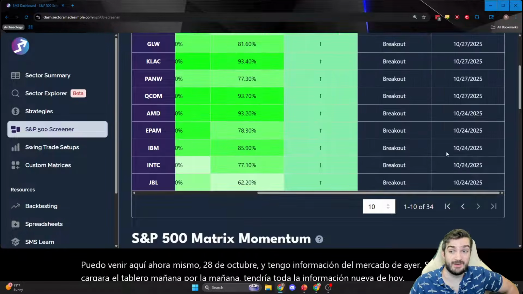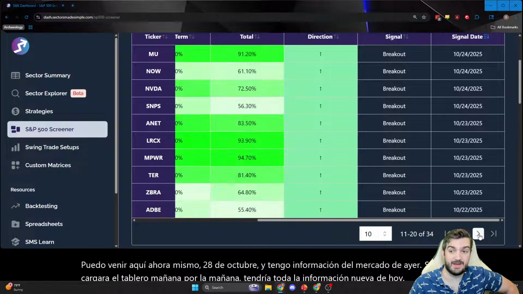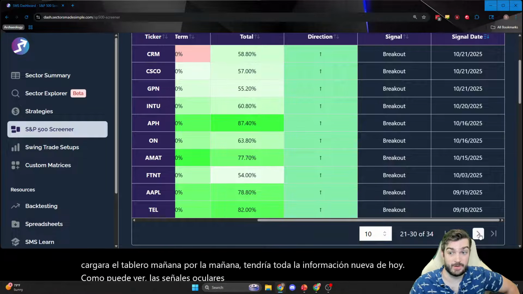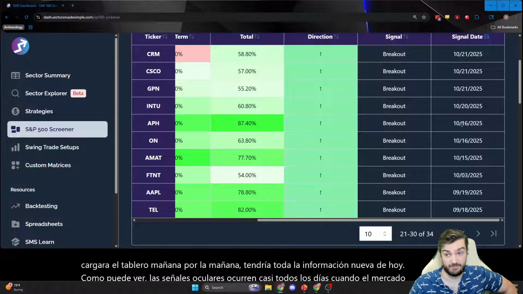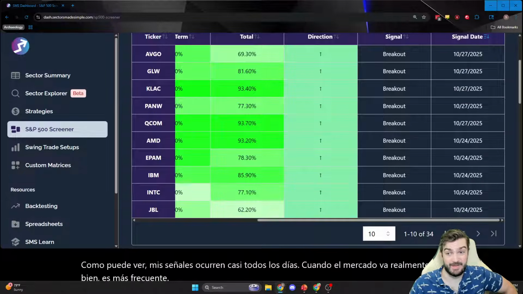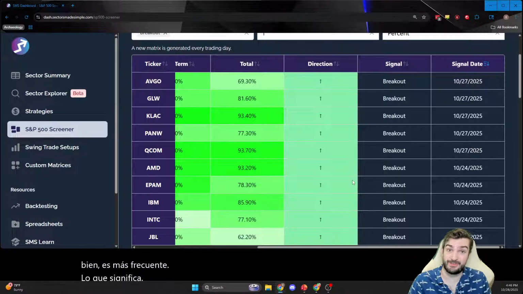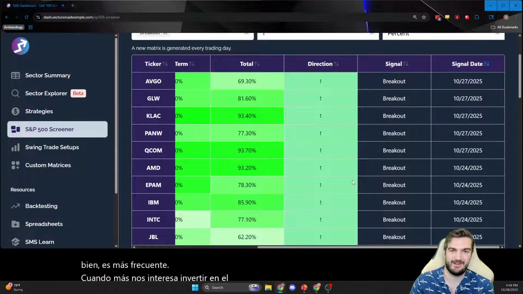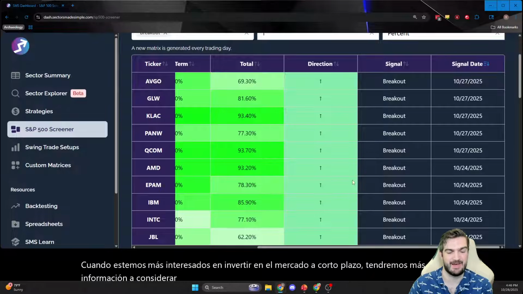As you can see, buy signals are happening almost every day. When the market's doing really well, it's more frequent, which means when we're most interested in investing in the market in short-term periods, we'll have more information to consider, and that information will update every single day.